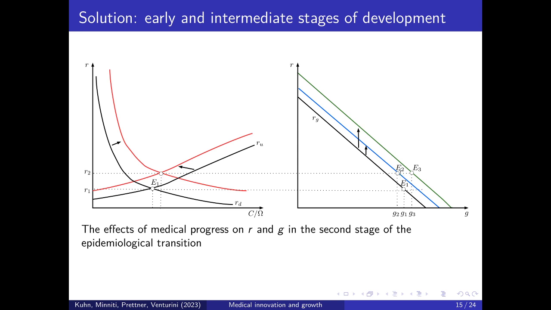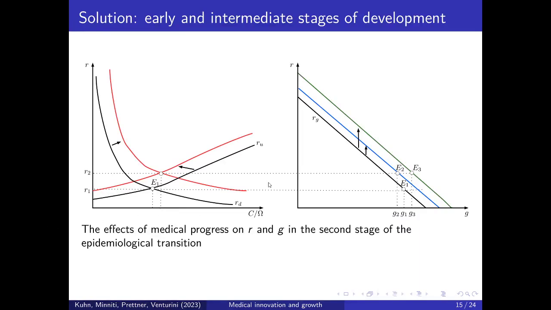What happens to the growth rate of the economy now depends on the reaction of the RG curve. If the RG curve shifts up only slightly, then we end up in equilibrium E2 with a reduction in the growth rate. If by contrast the RG curve shifts up more pronouncedly, we end up in equilibrium E3 with an increase in the growth rate of the economy.